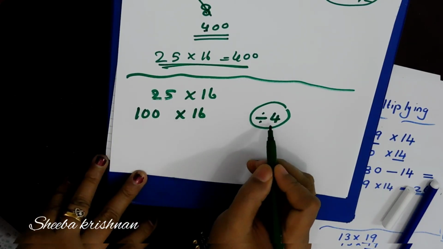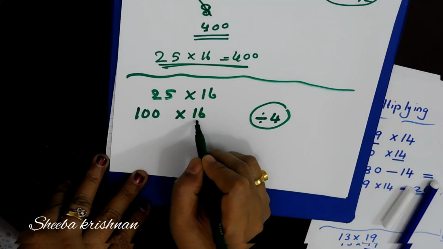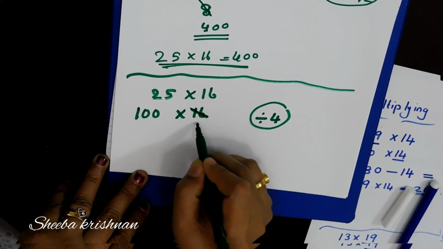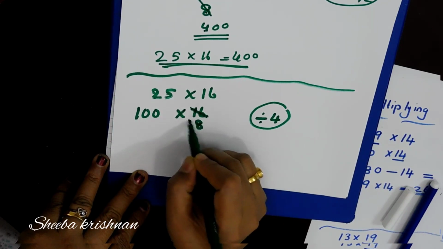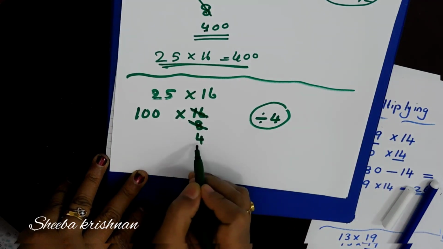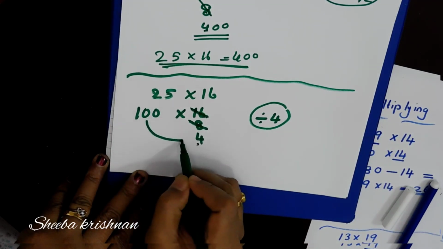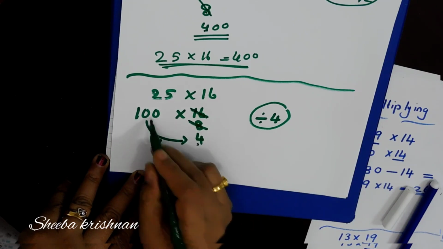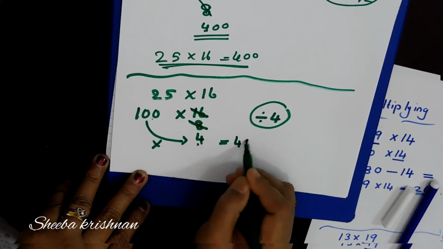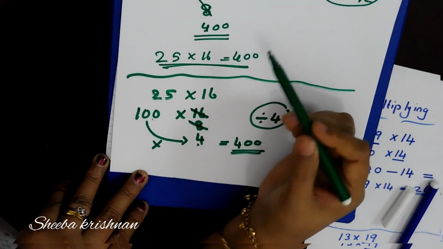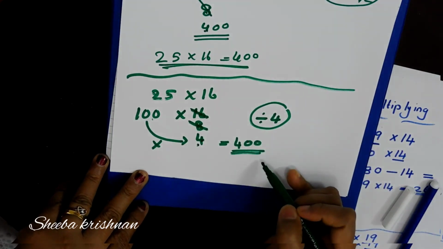So now we can do that before we multiply. Take its half, that is 8, again make it half, that is 4. Then 100 times 4 is 400. So either this way you can do or this way you can do.